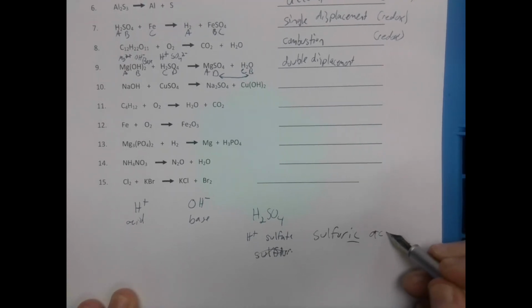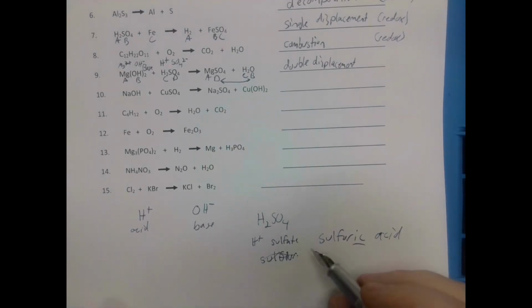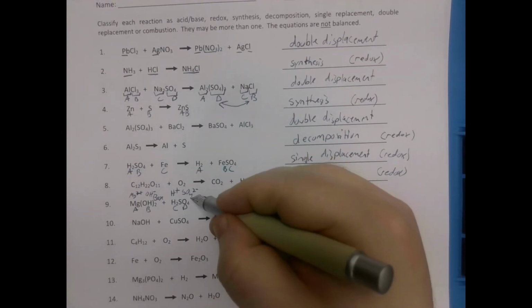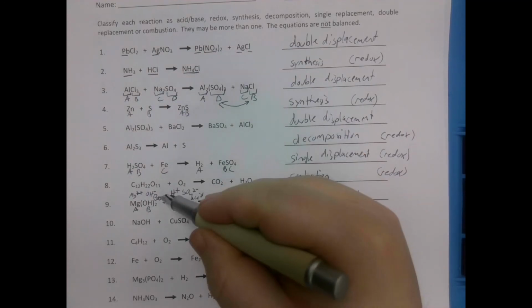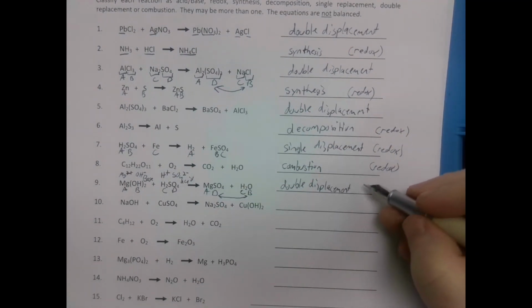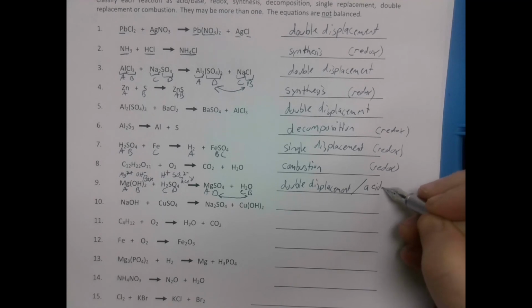Sulfuric. Sulfuric acid. The ate name for the acid becomes an ic. So this is clearly an acid. So we have a base plus an acid, and we're making water. So this is also an acid-base reaction.